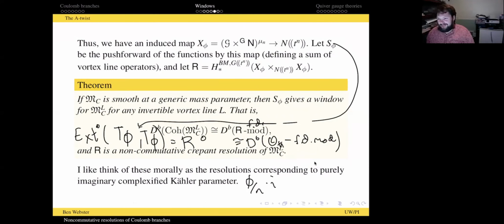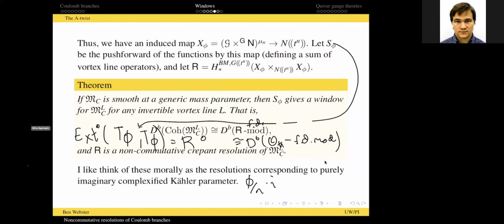I don't have a really good explanation, but the main reason is that it makes the story a one-dimensional family, like along the complex imaginary line or something like that. It makes this picture of thinking about functors coming from varying the complexified Kahler parameter work out well. So that's my reasoning.